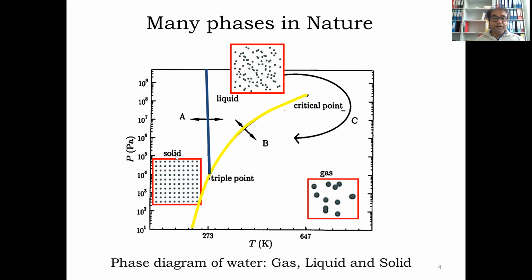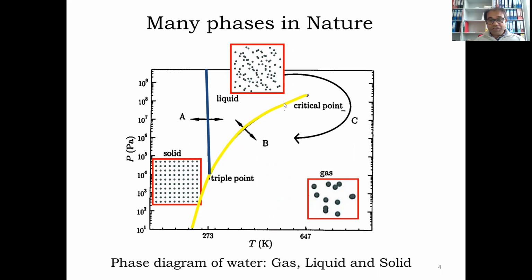So that means there is no critical end point for your solid to liquid phase. On the contrary, for your gas phase and liquid phase, this is a first order phase transition line, but there is also a way one can reach, for example, above 647 Kelvin and a pressure of something like 10 to the power 8 Pascal.